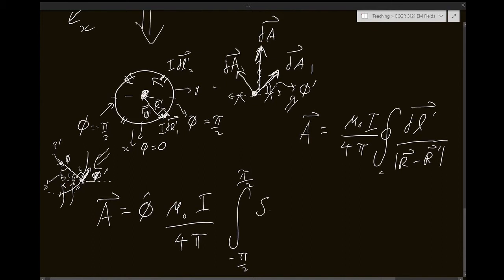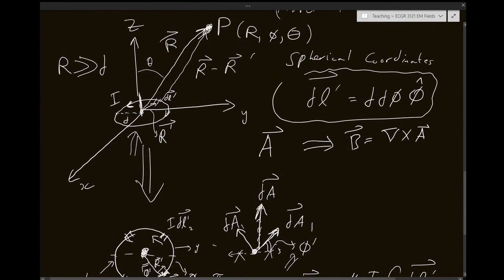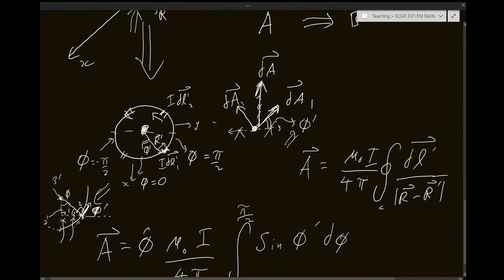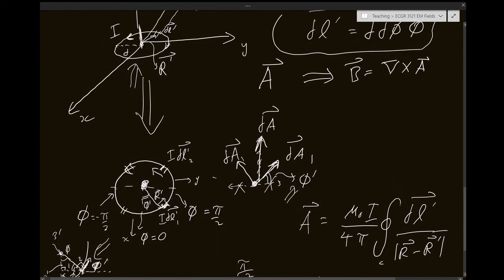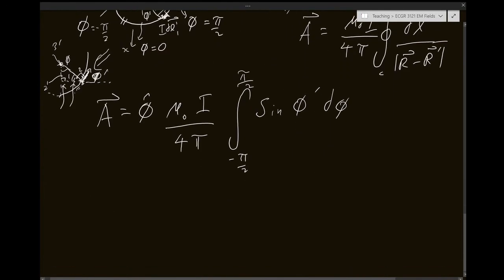sine phi prime d. There's a d, by the way. I need to apply this. Instead of dl, I need to apply d phi hat, right? So that's where phi hat comes from. And then I have d phi. So there's a d here.